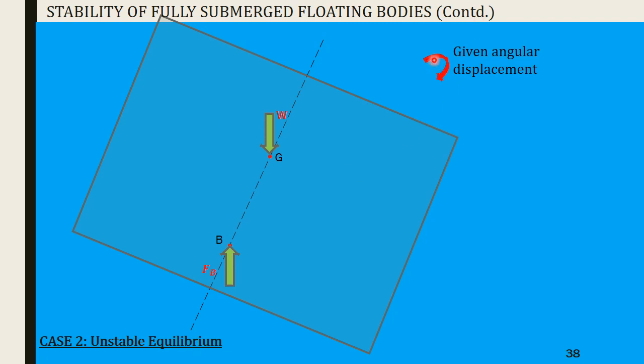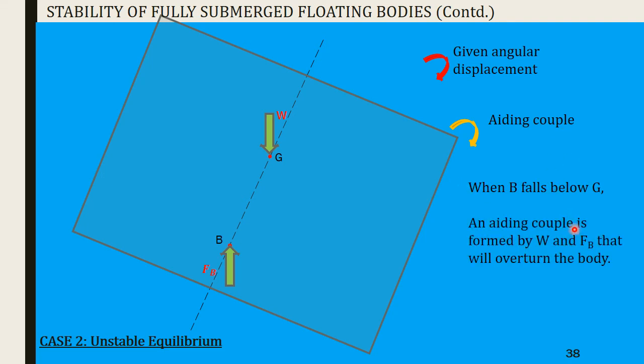That is, it is in the same direction as the given angular displacement, and this creates an aiding couple, which will aid the angular displacement to overturn the body. So when B falls below G, an aiding couple is formed by W and FB that will overturn the body. Thus, the equilibrium is known as unstable equilibrium.